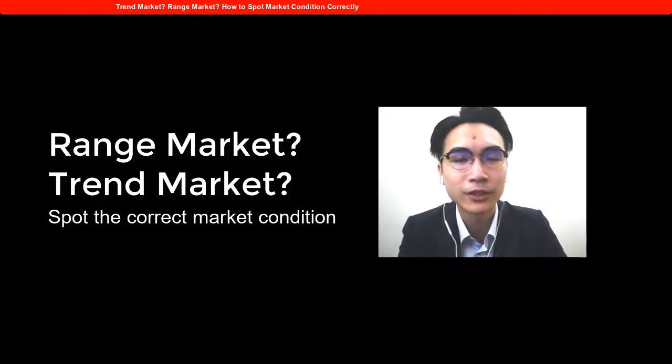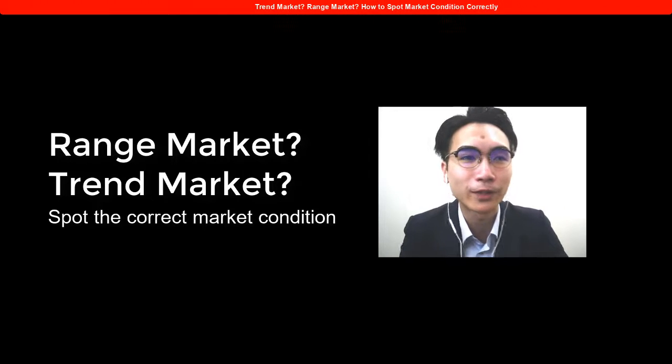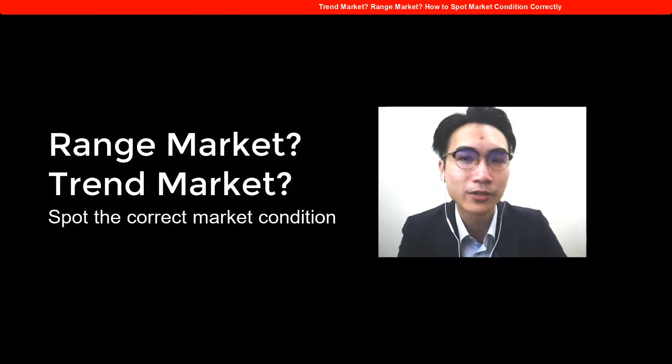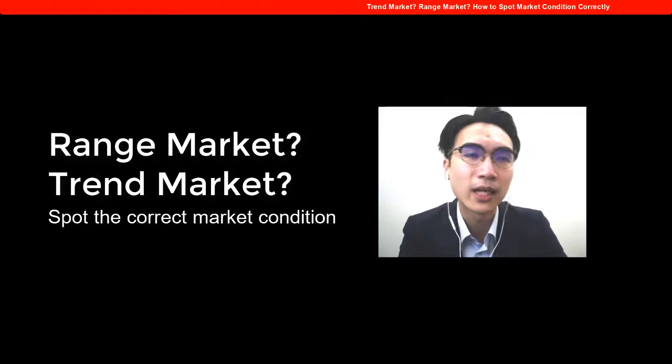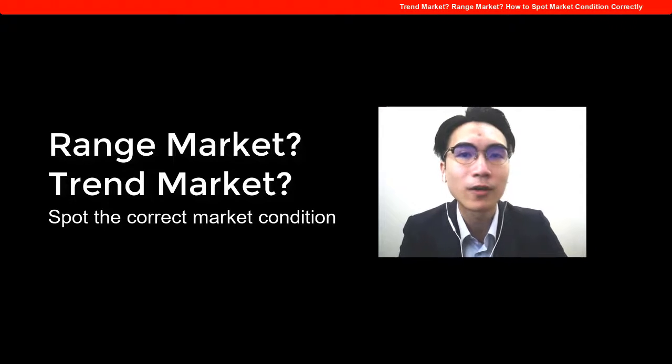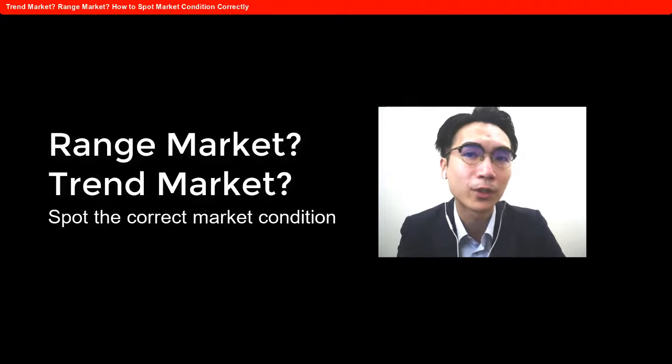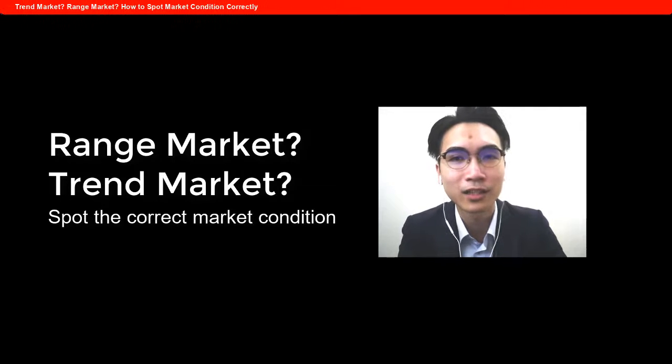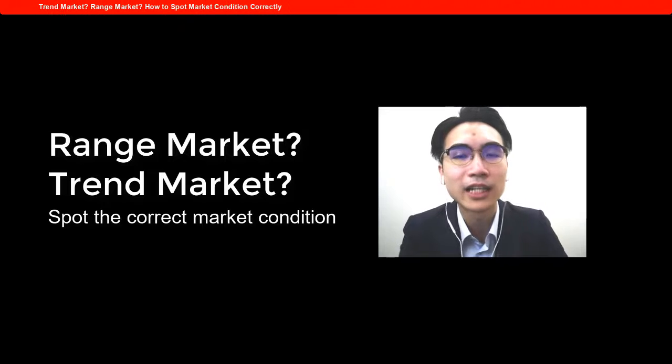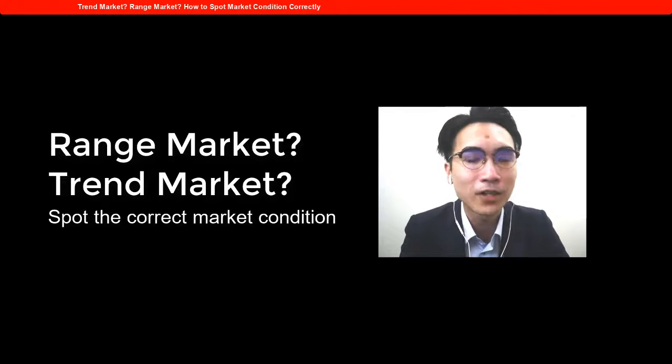I'm going to talk about the two most common methods to spot whether the market is in a trend market or a range market, or whether it is in an uptrend or a downtrend, so that you can use this method to spot the correct market condition to trade with by using the appropriate strategy.